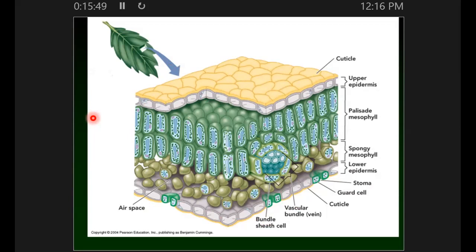If you have a lot of stomata on the top of the leaf and the sun is beating down on that part of the leaf, you get much quicker loss of water out of the stomata.